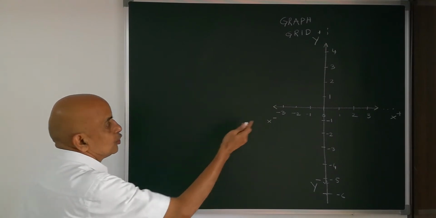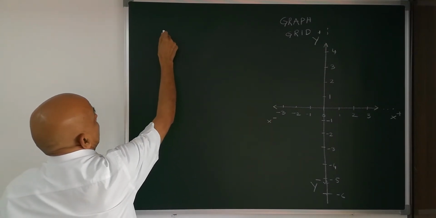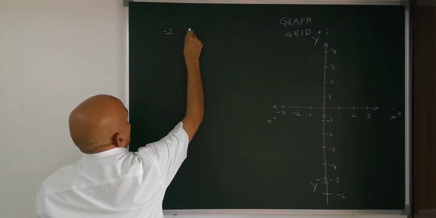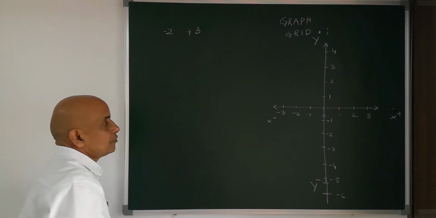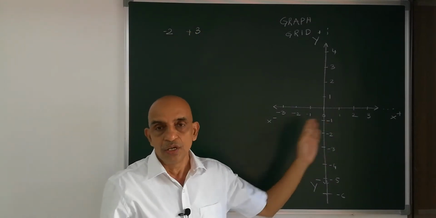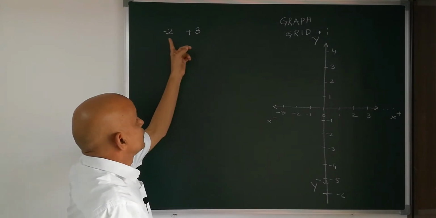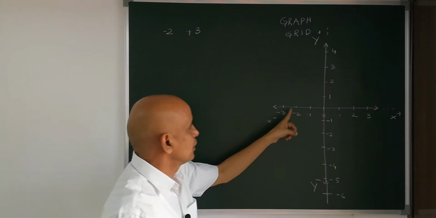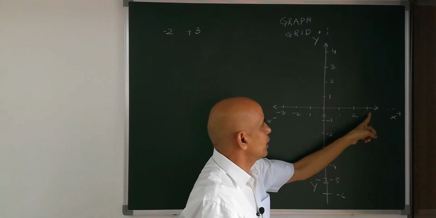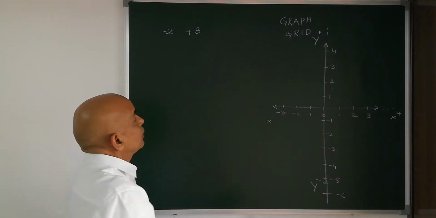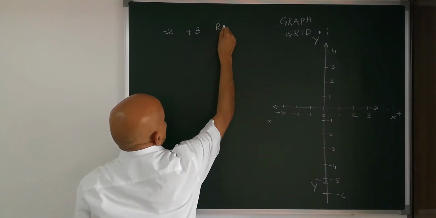Let us take two integers, say -2 and +3. Among all these integers we have taken two integers, -2 and +3. As usual, I call them roots.